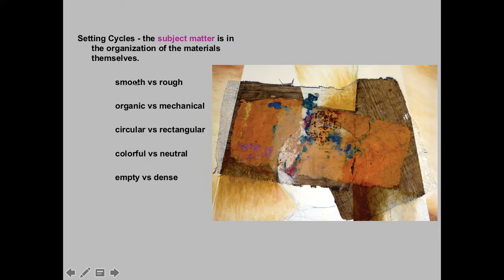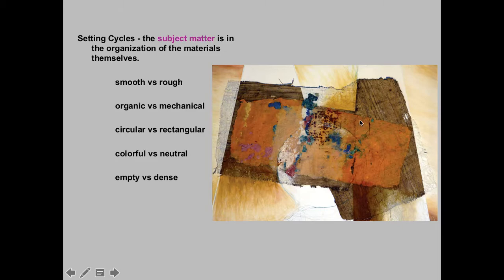It also is talking about the organization of the materials: smooth versus rough, organic versus mechanical, circular versus rectangular, colorful versus neutral, empty versus dense. So it's giving us a lot of open areas, if that makes sense, and then some tighter, denser areas. And then organic would be some of these flowing edges and so on.